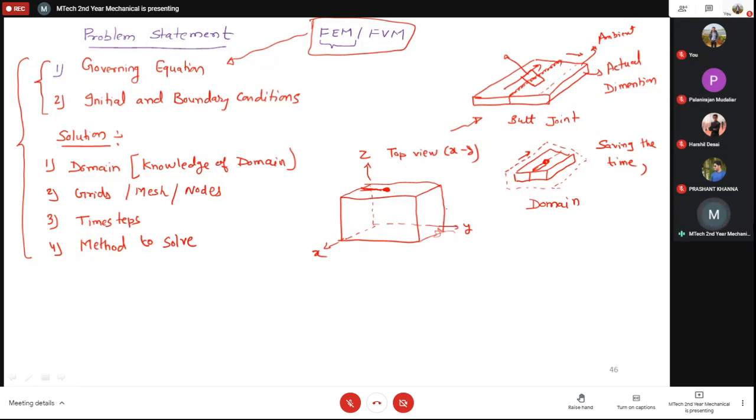If we go toward this view, which is represented by say the YZ plane, Y and Z. Okay, so this plane is something which is known as the transverse plane. It will give us the transverse view.